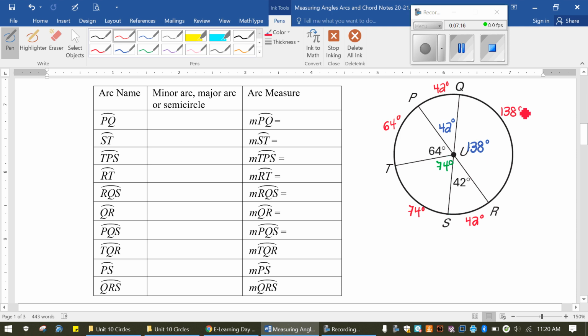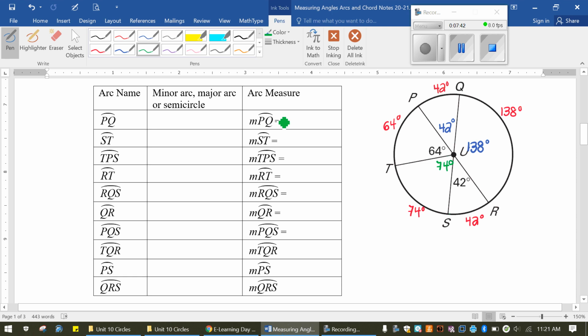All right, so right now I have all of my arcs measured and I have all of my angles measured and I've got all of them labeled appropriately. So now I can go to this list of these arcs and I can figure out if it's a major arc or a minor arc, and I can figure out what all its measures are. So we could actually go ahead and do the measures first if we wanted to, since we have all of them labeled already.